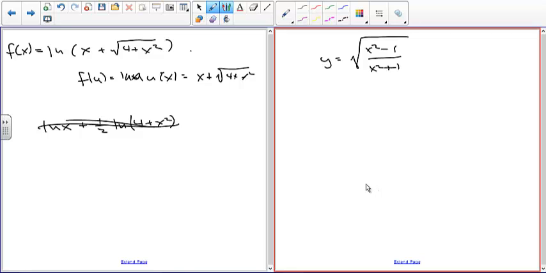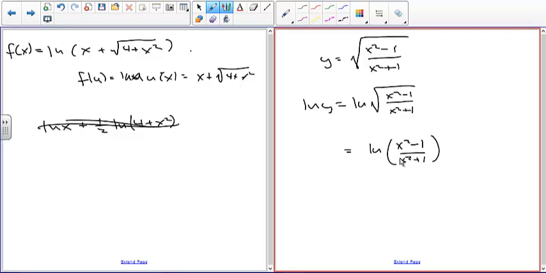E. And so let's do that. What would be the simplified form?